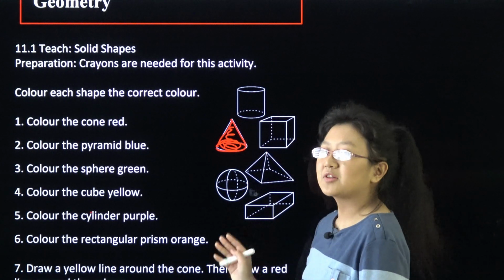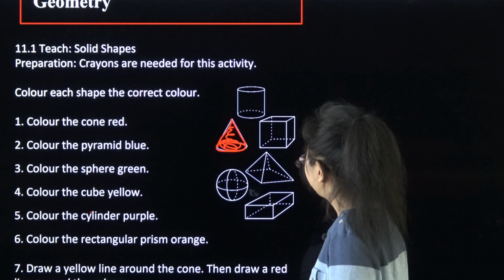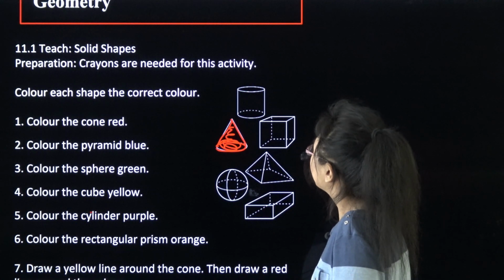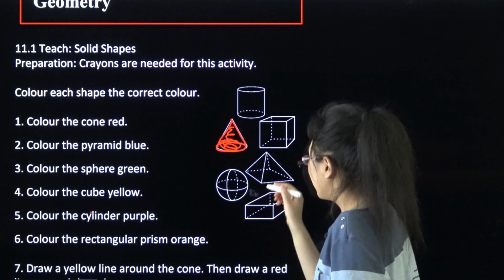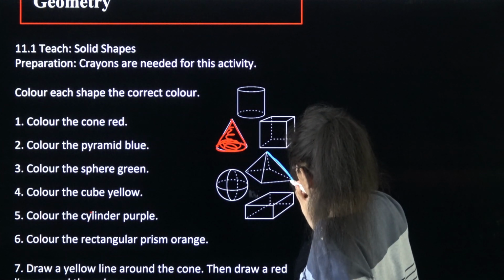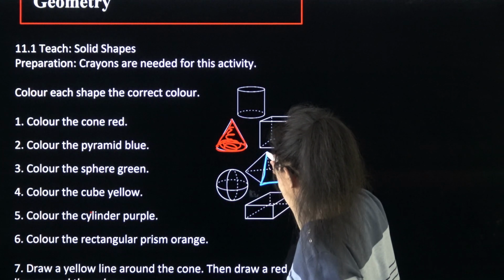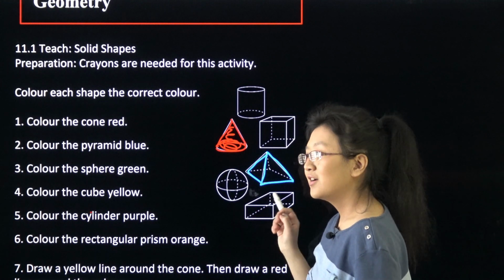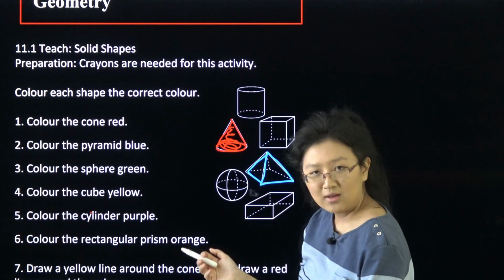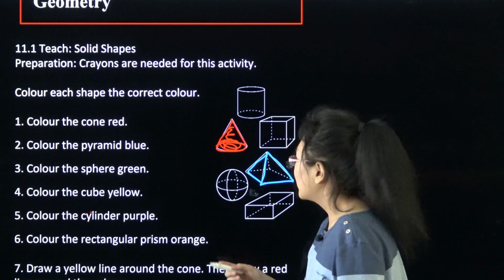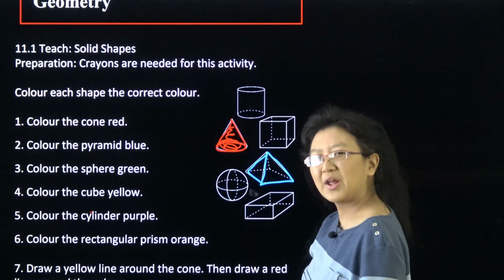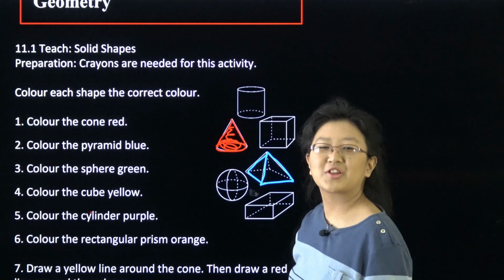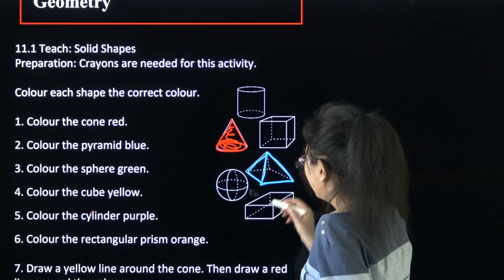So which of these shapes looks like a triangle with another triangle? Well, you see, there's a triangle here, and then another triangle here, and that looks somewhat like what the pyramid pictures show us. So why is a pyramid called a pyramid? Well, because it looks like a pyramid shape.